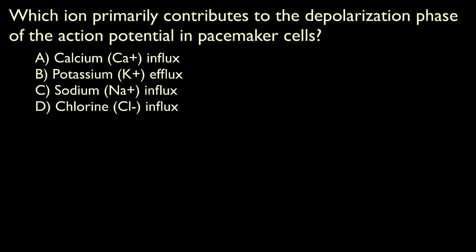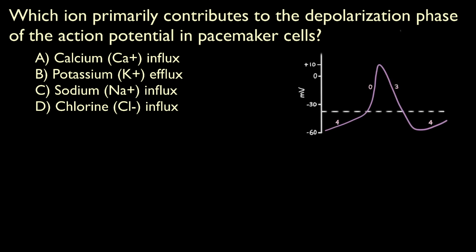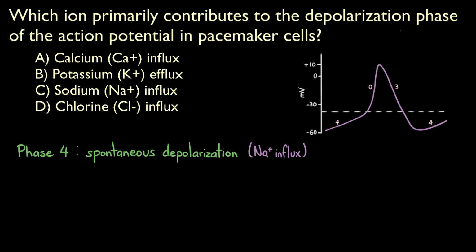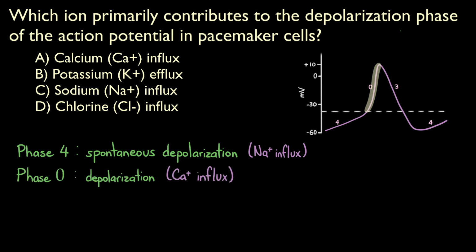Let's start by taking another look at the potential graph. Phase 4 is the spontaneous depolarization phase where sodium ions spontaneously enter the cell through funny channels. This causes a gradual depolarization until the threshold is reached. When the membrane potential reaches the threshold, it triggers the opening of voltage-gated calcium channels to allow an influx of calcium ions.